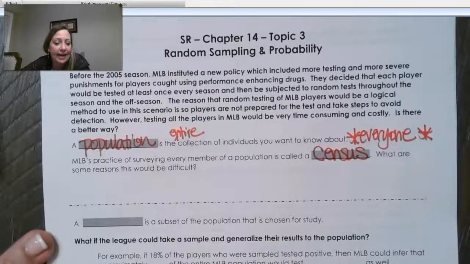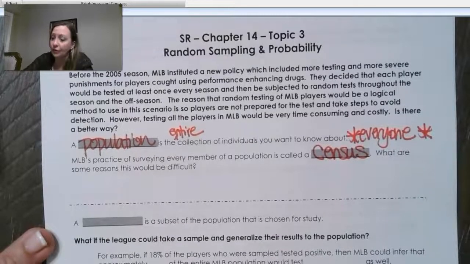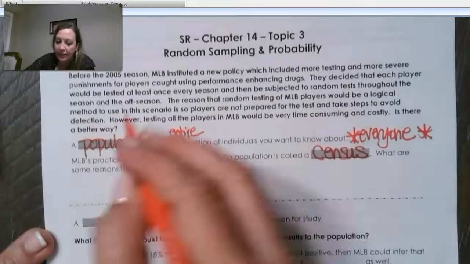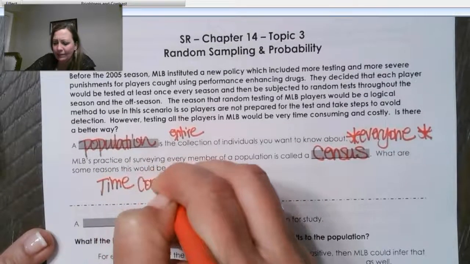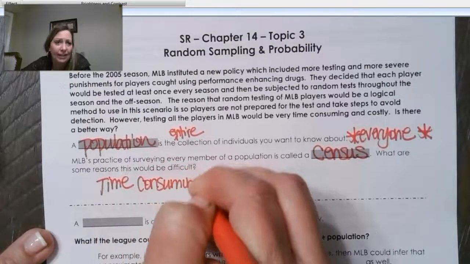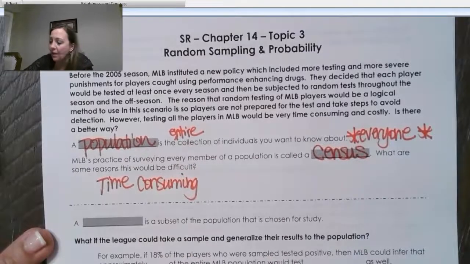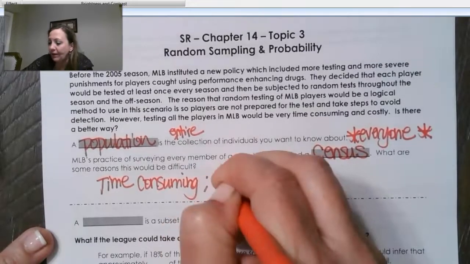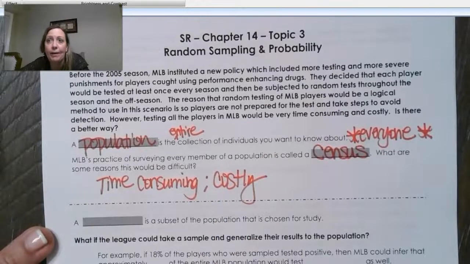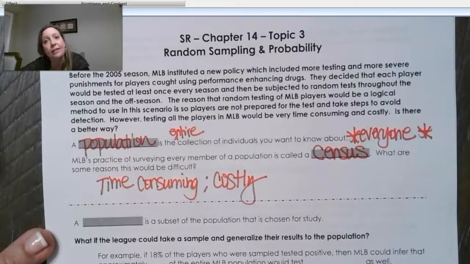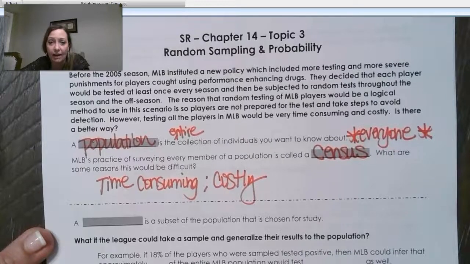What are some reasons that that could be difficult? Well, first of all, like they mentioned here, it could be very time consuming. There are a lot of different players, so that would take a lot of time to get everybody. It also could be very costly. You have to pay for tests for everybody. You have to pay to administer the tests, to read the tests, all that kind of stuff.